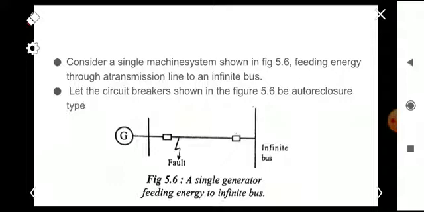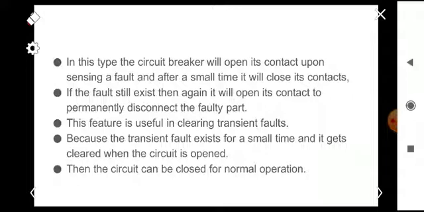Let the circuit breakers shown in the figure be of the auto reclosure type. What is that? It means that after the occurrence of a fault, the circuit breaker will open, and after a certain time it will close back. In this type, the circuit breaker opens its contact upon sensing a fault, and after a small time it closes its contacts.